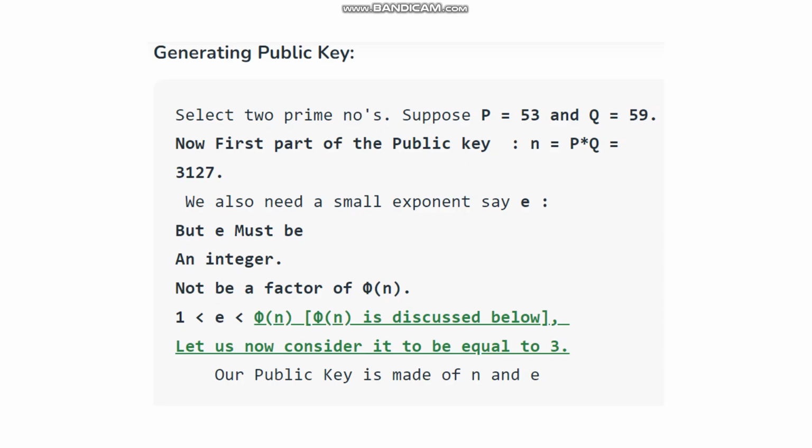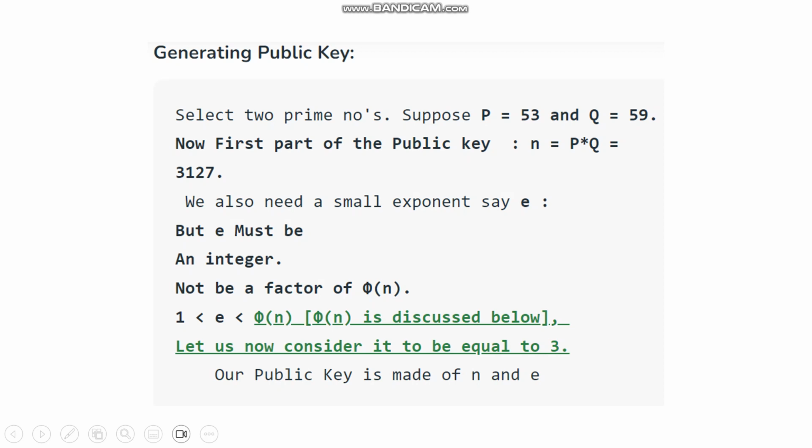Here is the formula of how to generate the public key. You should select two prime numbers. Suppose p is 53 and q is 59. Now, the first part of the public key is n, which is p times q. We should multiply 53 and 59, then it gives us 3127.